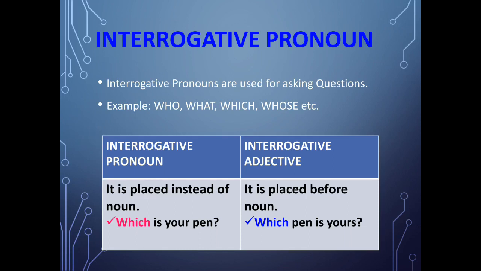For example, which is your pen? Here the word which is an interrogative pronoun. But if we say, which pen is yours? Here the word which is an interrogative adjective as it is placed before the noun pen.